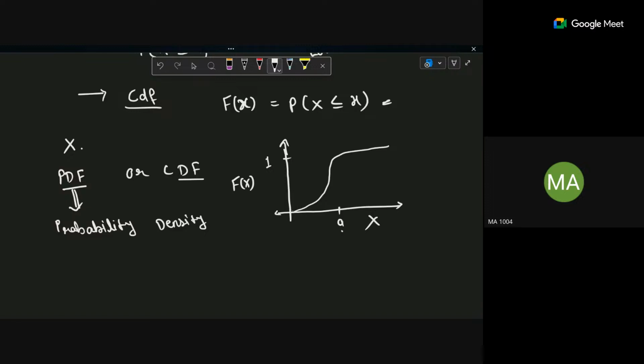You know one rule: X is a continuous random variable, so the probability that it takes value A is 0.